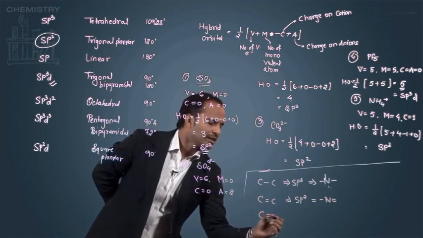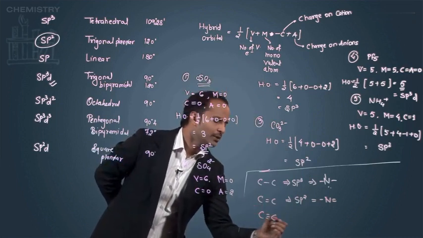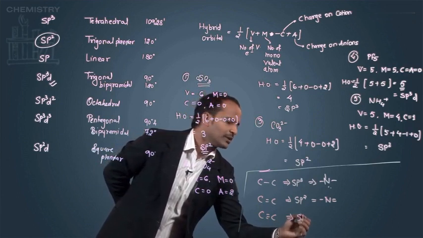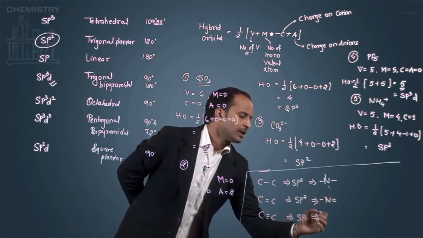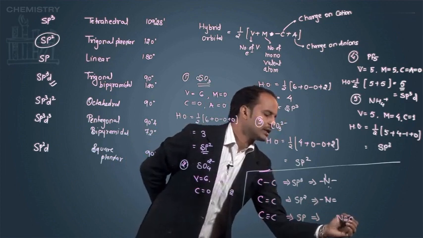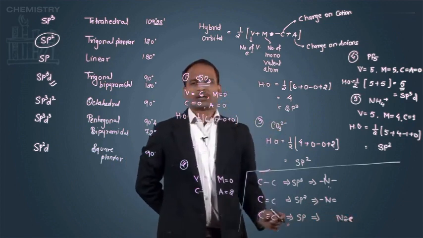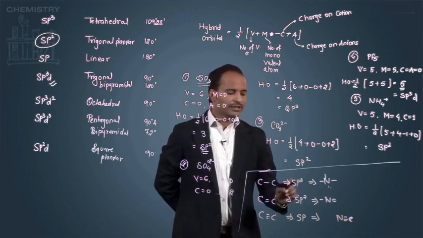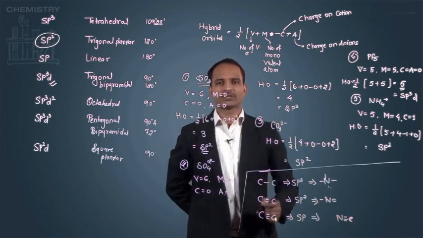And if the carbon undergoes triple bond formation, then it undergoes sp hybridization. Similarly, if the nitrogen forms a triple bond, generally in the case of cyanide, then the nitrogen also undergoes sp hybridization.